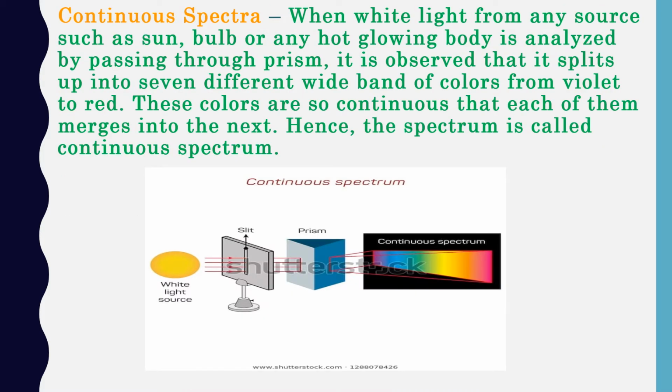The first one is continuous spectra. So first let us discuss what is continuous spectra. As you can see over here, when white light from any source such as the sun, a bulb or any hot glowing body is analyzed by passing through a prism, it is observed that it splits up into 7 different bands of colors from violet to red, like a rainbow, as you can see in the diagram.